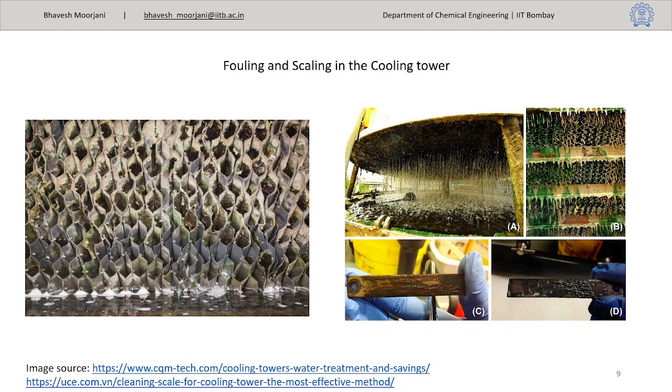So when you go into the industry, or if you have visited an industry, you will hear this specific term: how much make-up to do in the cooling tower, how much blow down to do. So from an industrial point of view, as a chemical engineer, this is an important part to maintain the usability and operation of our process equipment. Okay.